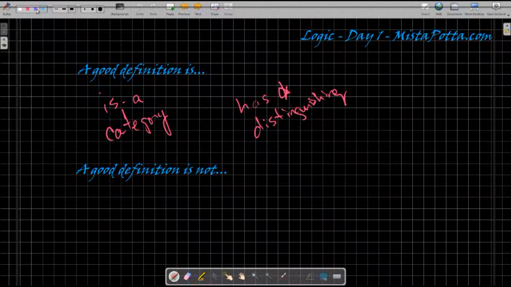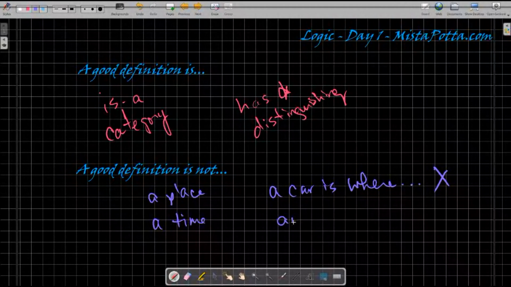So I said I'd go back to this and ask, what is a good definition not? Well, a good definition is not a place, because I'm not going to say a car is where. Okay, that's bad. And it's not a time. I don't want to say a car is when.